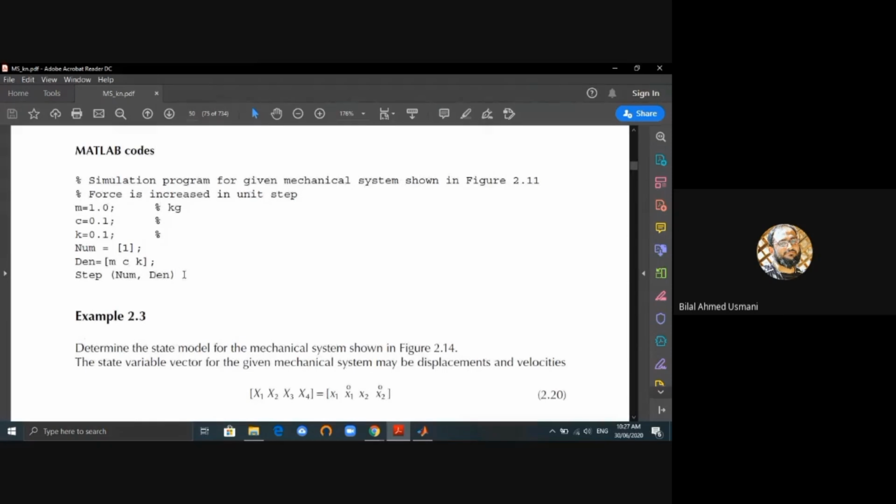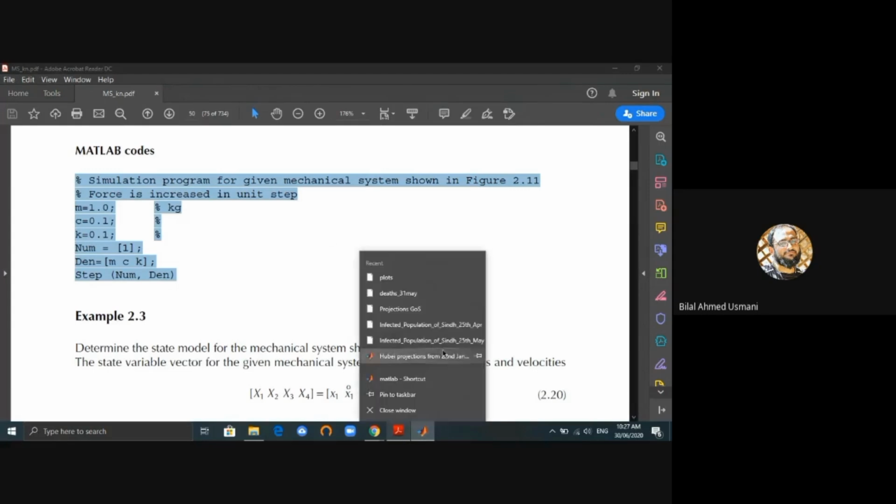The code is very simple, just a couple of lines, and it's using a function called step.